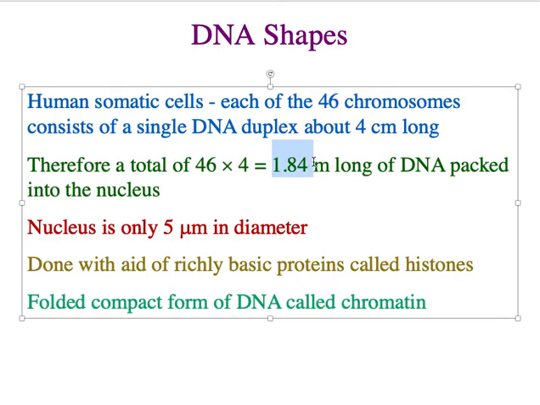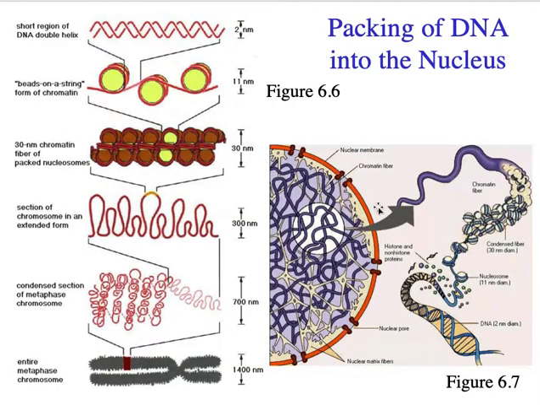In each cell, there's 1.84 meters of DNA packed in the nucleus, and there's a bunch of other junk in the cell. Isn't that crazy? 1.84 meters of DNA in each of your cell nuclei. It's crazy. You definitely don't want that to unpack all at once.